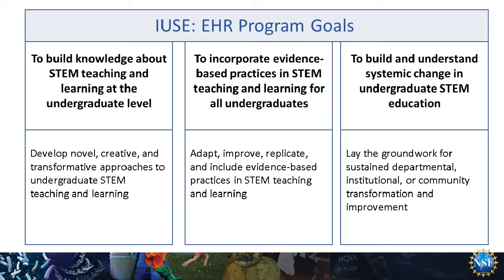So we're hoping that projects will do things like develop novel, creative, and transformative approaches to undergraduate STEM teaching and learning, to be able to adapt those approaches, including evidence-based practices, at different types of institutions and with different populations of students, and also to lay the groundwork to maintain these changes over the long term, whether this is at the departmental, institutional, or community level.